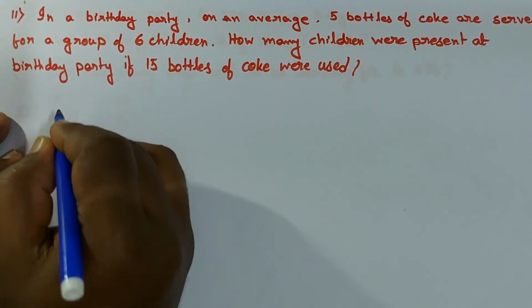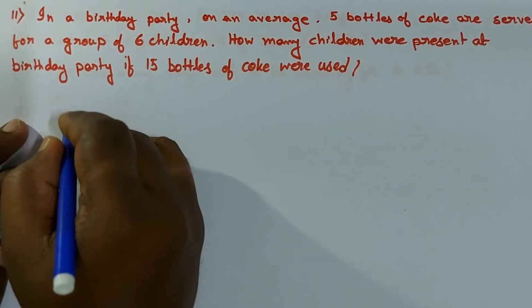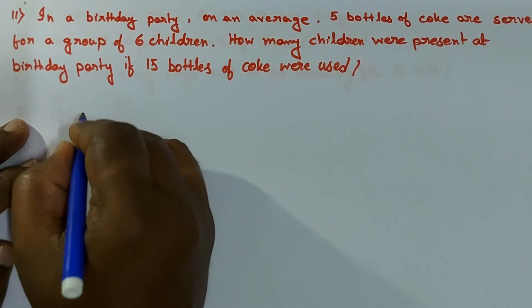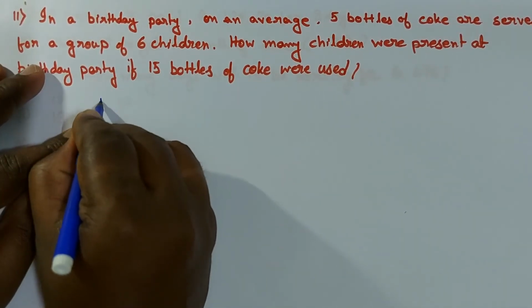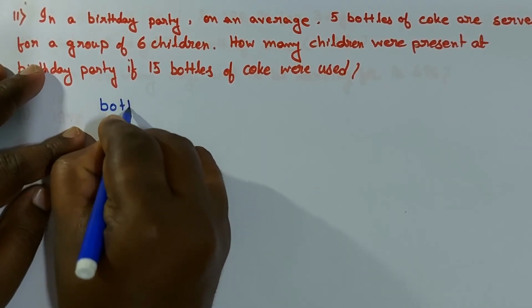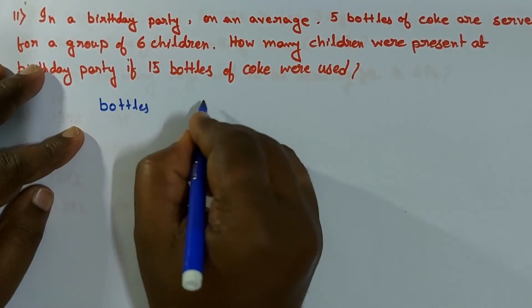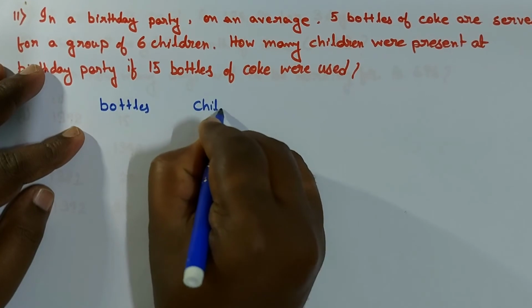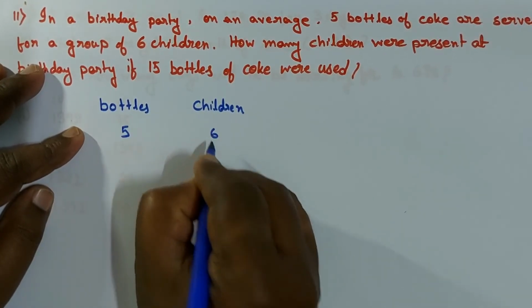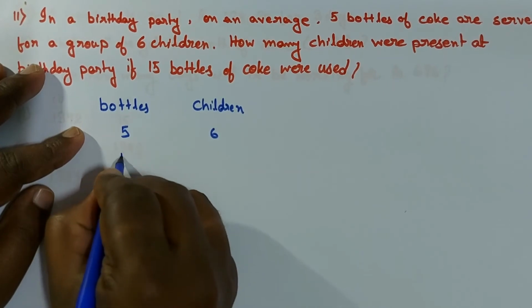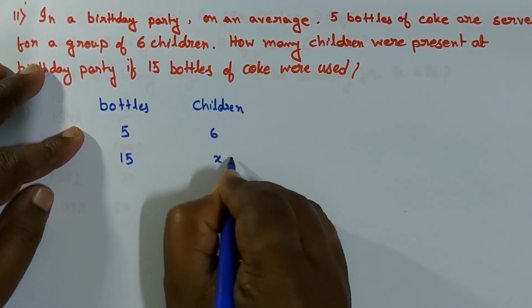So let's write first bottles, children. 5 bottles, 6 children, 15 bottles, x.